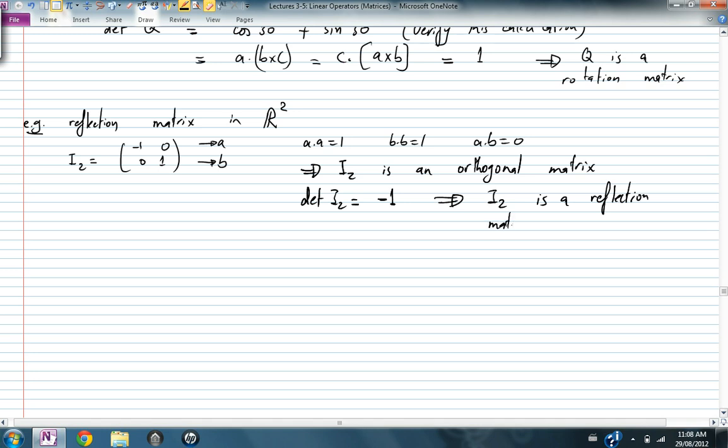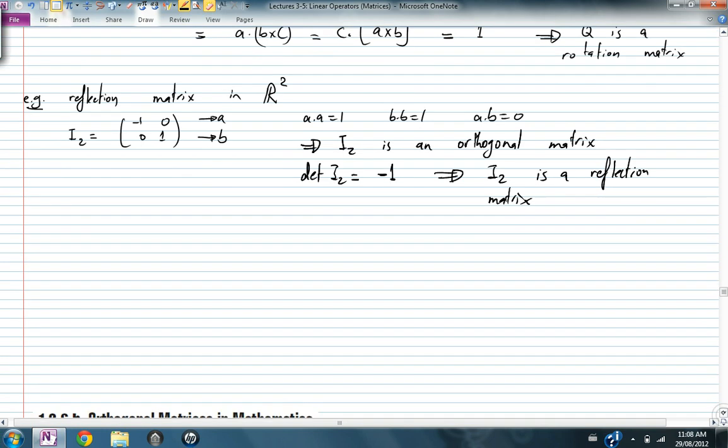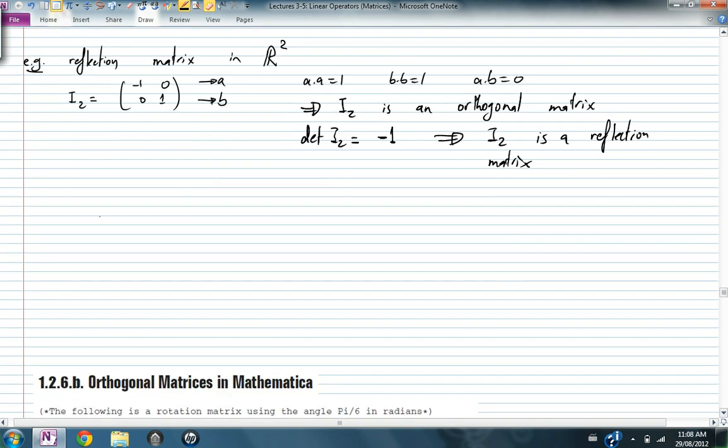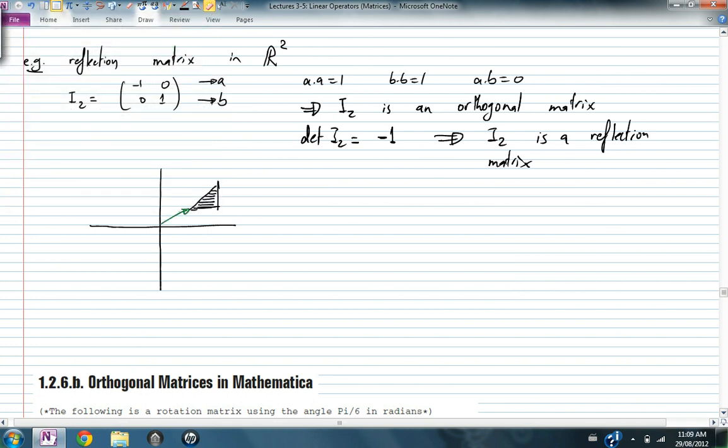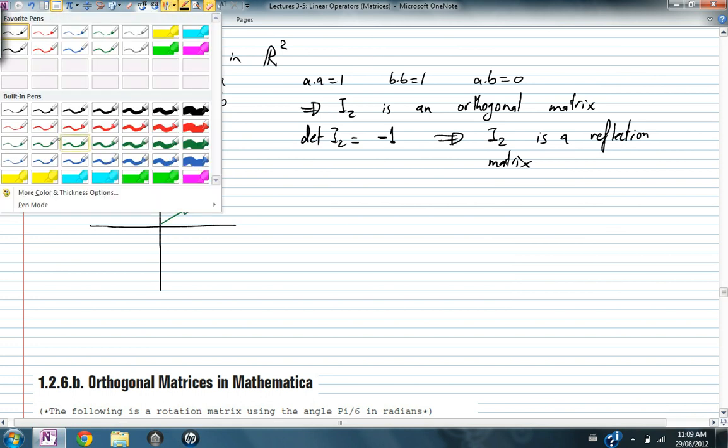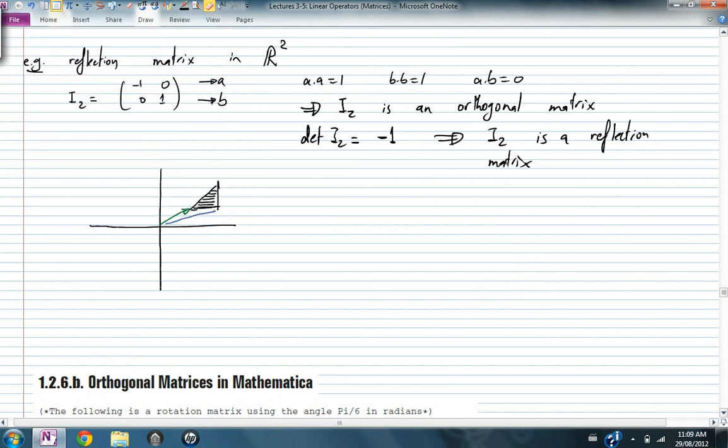So what does it mean by its reflection? Let's see what it does to vectors. I'm going to just draw it on the same vector space, and let's say I have this object that's made out of 3 vectors, vector 1, vector 2, and vector 3.